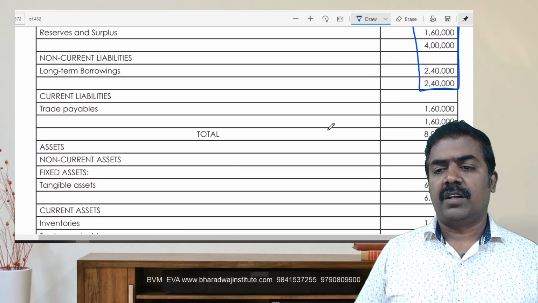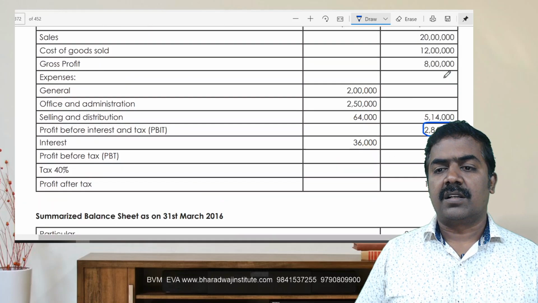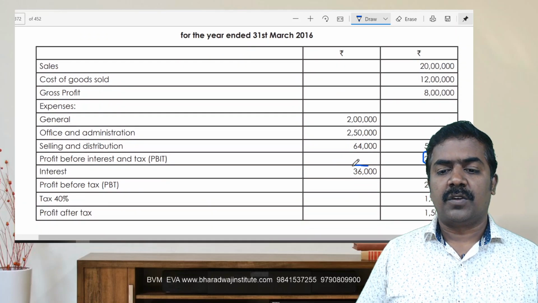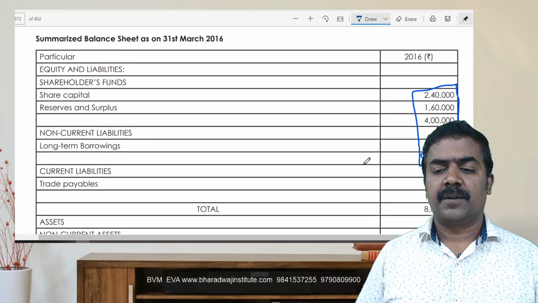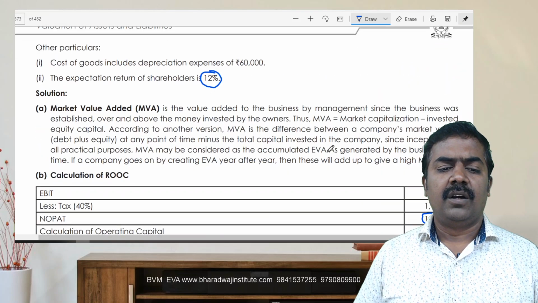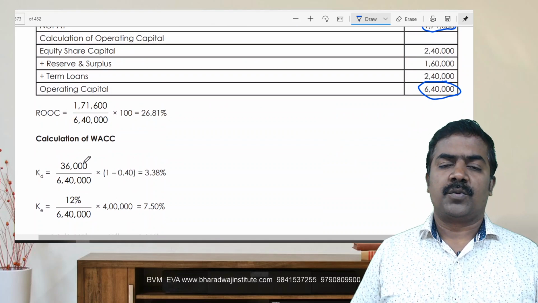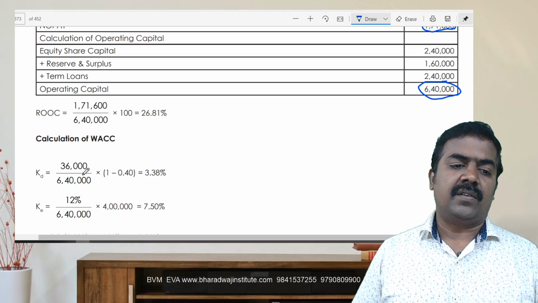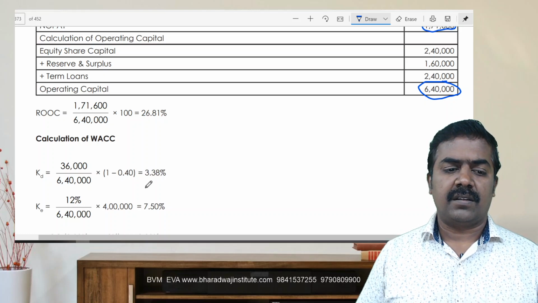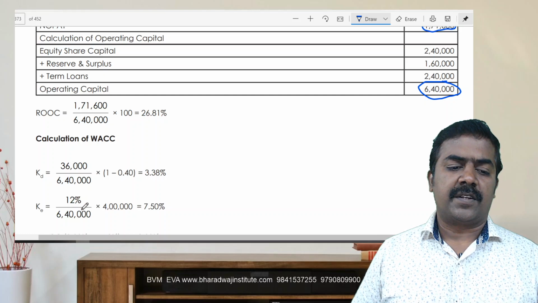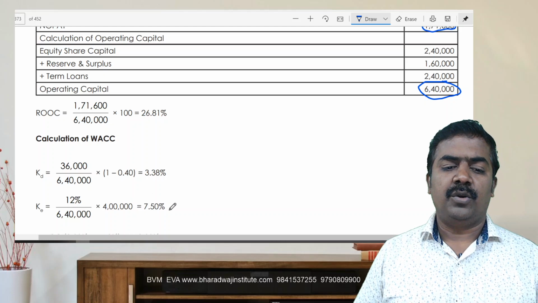Cost of debt we can work out. 2,40,000 is the debt, for which 36,000 was paid as interest. So interest divided by debt into 1 minus T gives 3.38%. For equity, 12% on 6 lakhs 40, you get 7.5%.